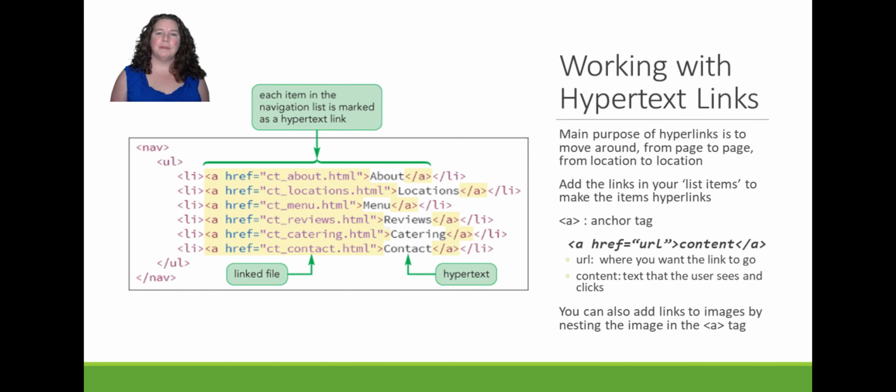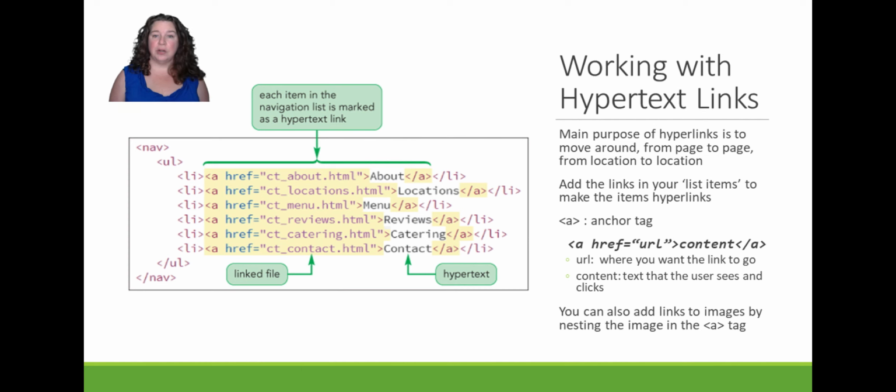The next thing we're going to talk about is working with our hypertext links or links. These are the anchor tags that we're going to be using to create links to move around through our site. So in our site that we're working with, we want to go from one page to the other. We need to take that information and put it inside of an anchor tag.